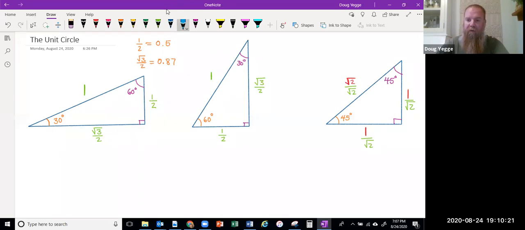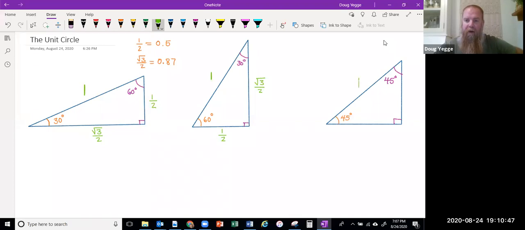So now notice, if I multiply the top and bottom by the square root of 2 over the square root of 2 in order to rationalize, the numerator becomes the square root of 2, and the denominator becomes 2. So now the hypotenuse is still 1, while each leg has a side length of square root of 2 over 2, and square root of 2 over 2.